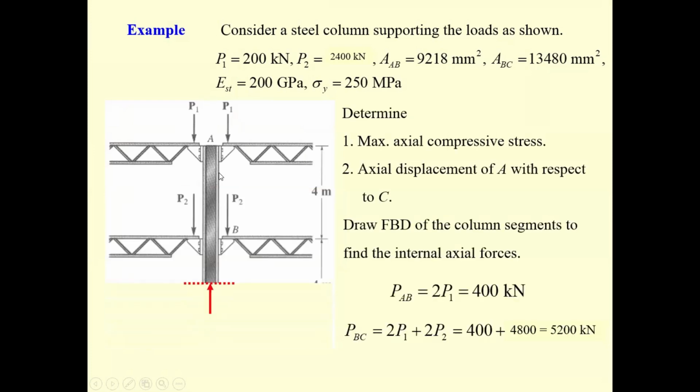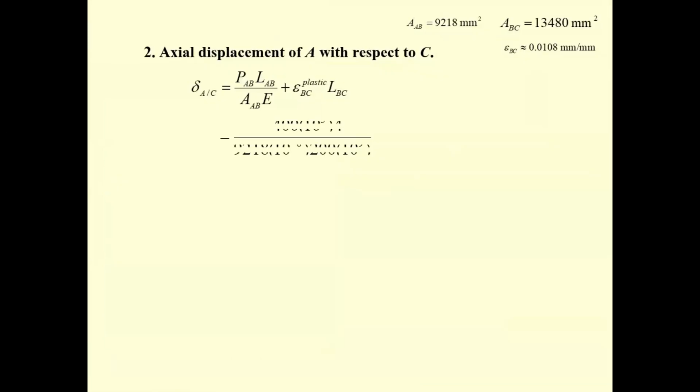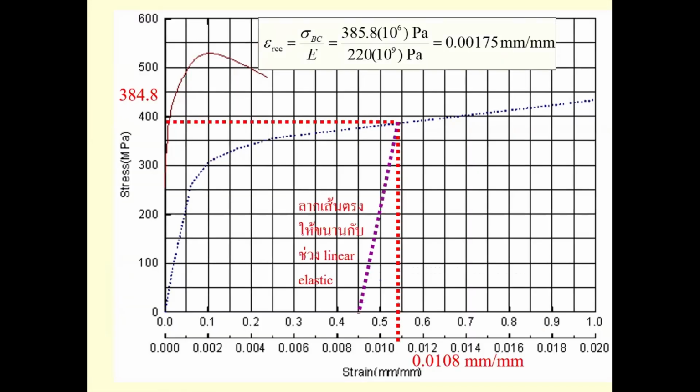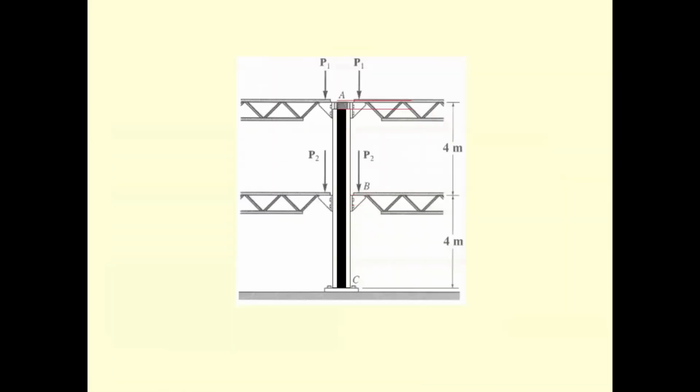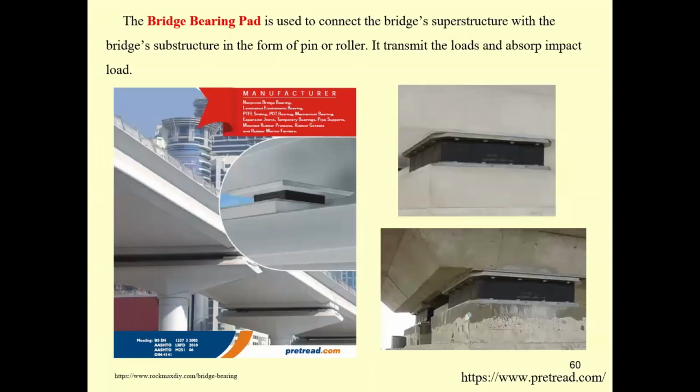Okay, and there are loadings on the column, and then you can check the deformation of the column. That's going to be the same one as I'm going to show you for the extra example. So let me finish the first portion of the lecture here, and we will work together for the extra example. Any question?